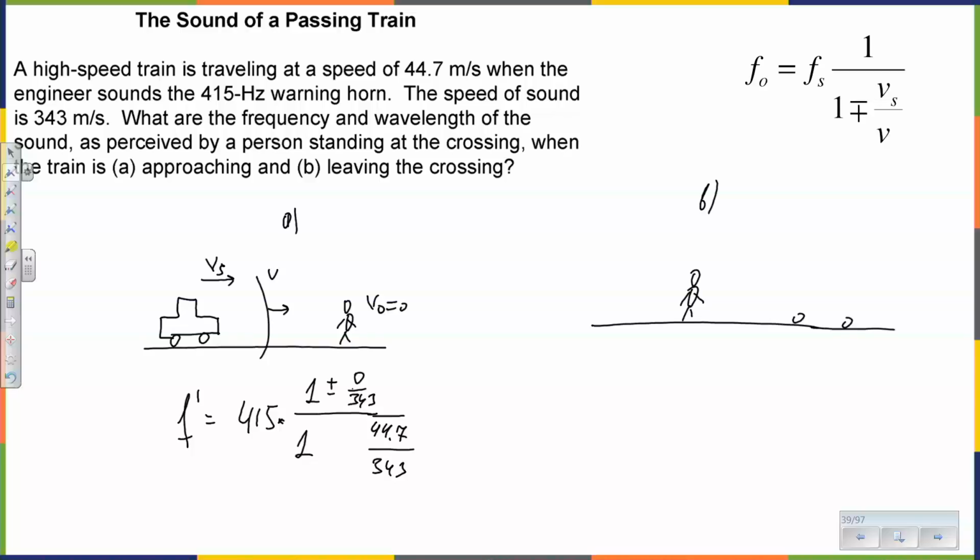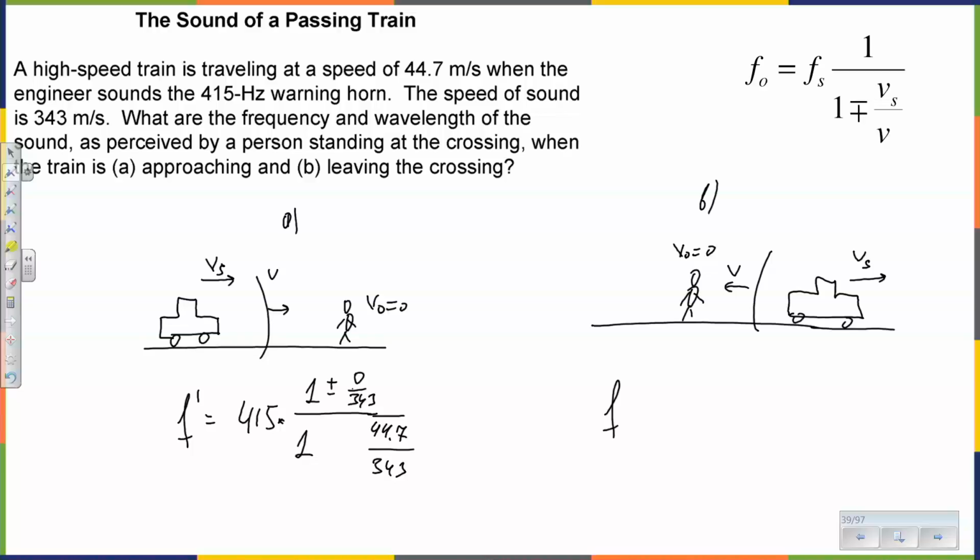And in case B, we have the same resting observer, but now the source will be traveling away. So this is the wave front, which travels toward the observer now.